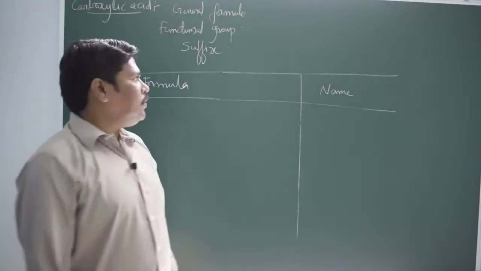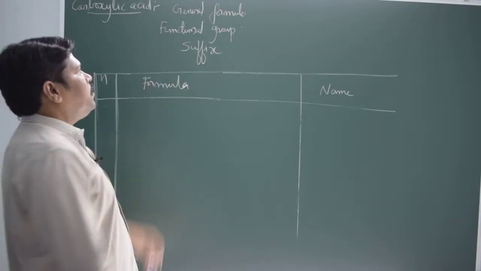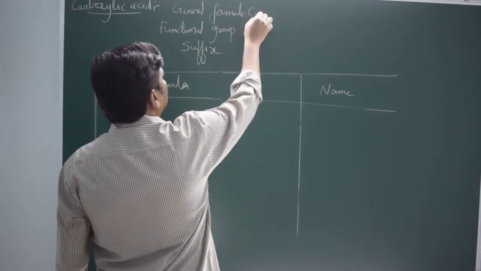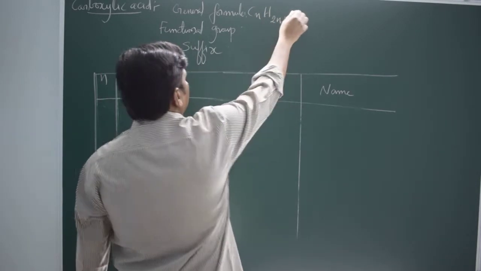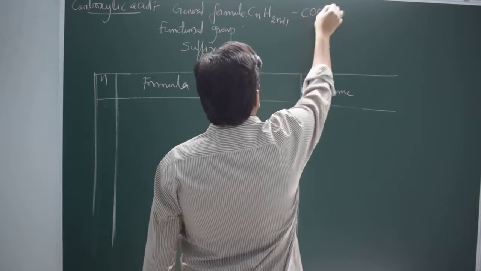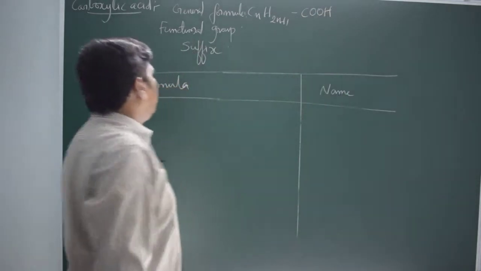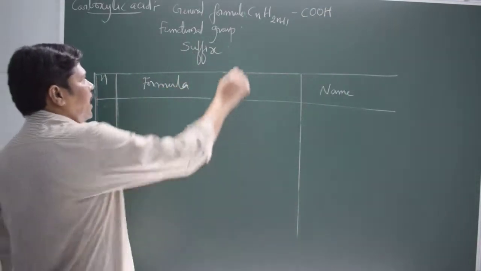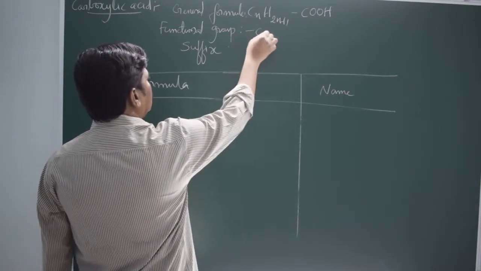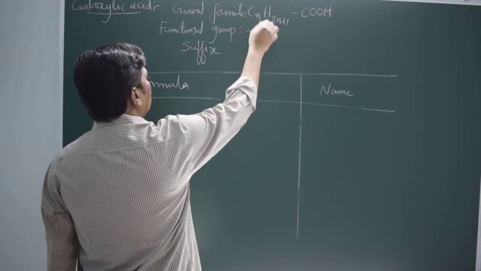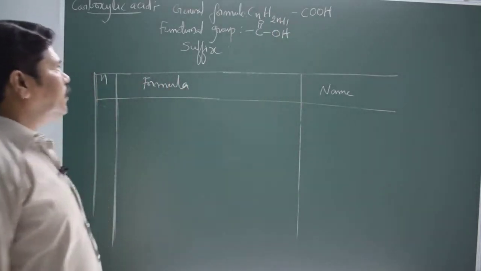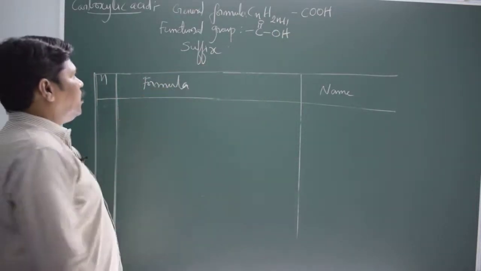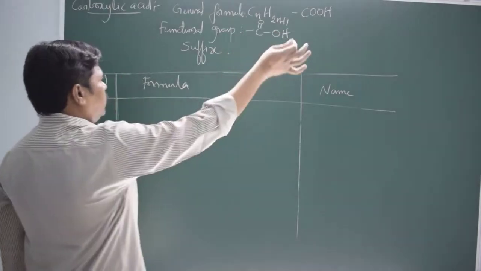Carboxylic acids, the general formula is the alkyl group, CnH2n plus 1, then you have the group COOH. So the functional group of the carboxylic acid has C with a double bond to O and a single bond to OH. So that is how the structure of this functional group is, COOH.